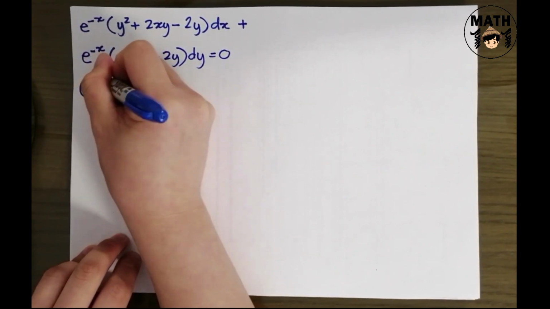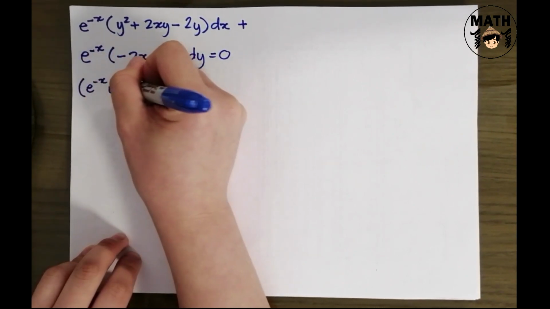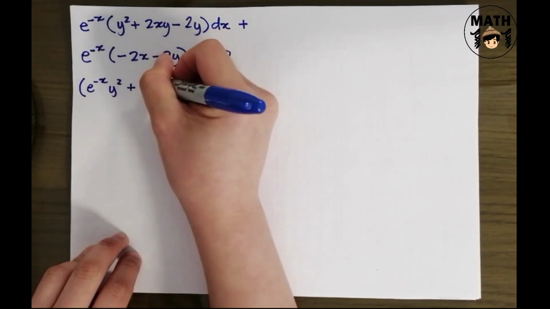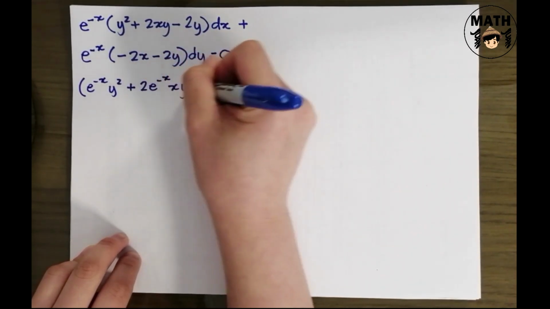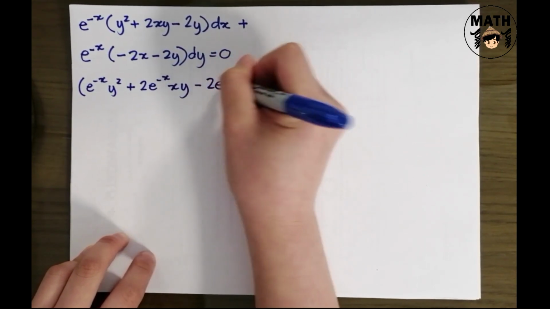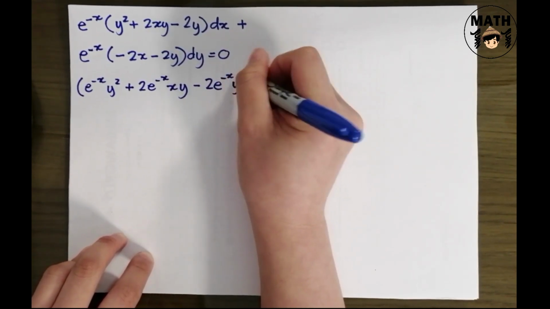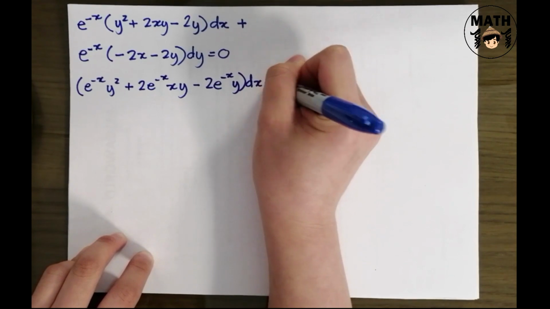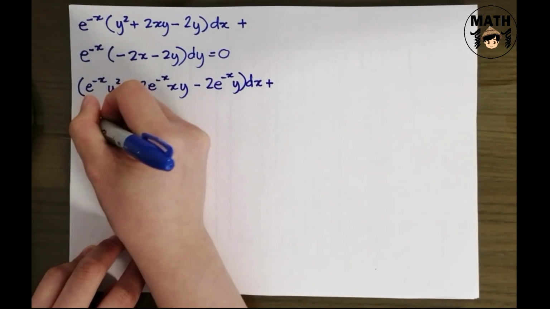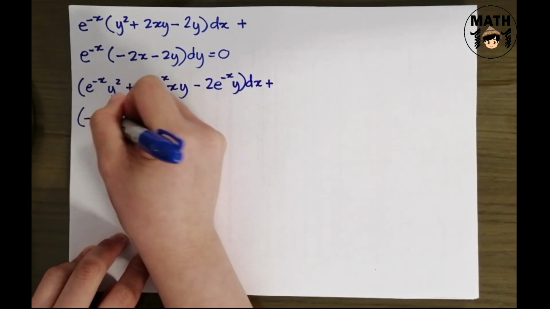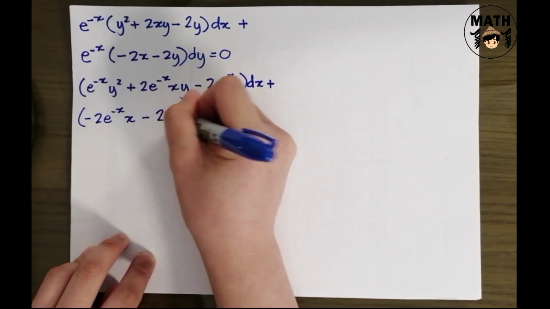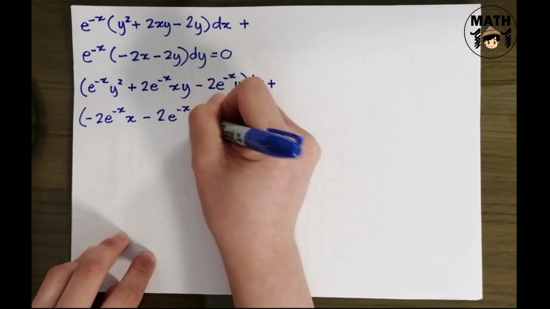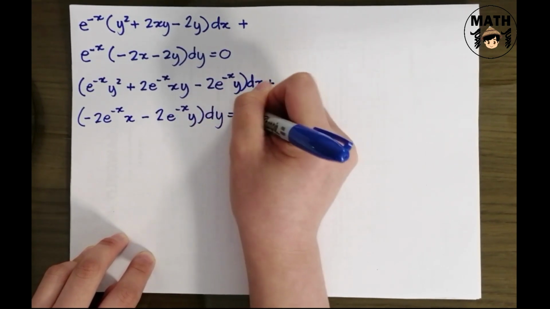E raised to negative x y squared plus 2 e raised to negative x xy minus 2 e raised to negative x y dx plus negative 2 e raised to negative x x minus 2 e raised to negative x y dy equals 0.